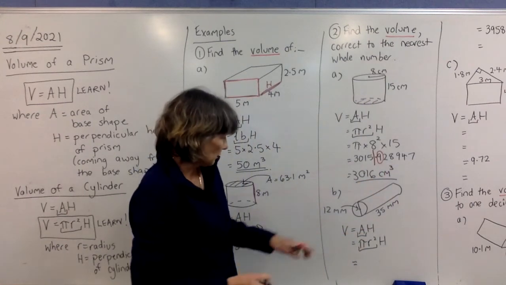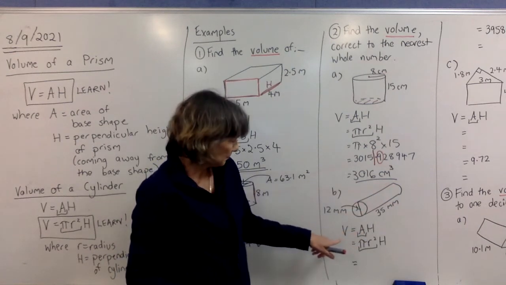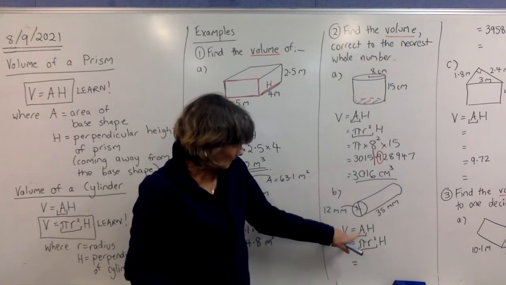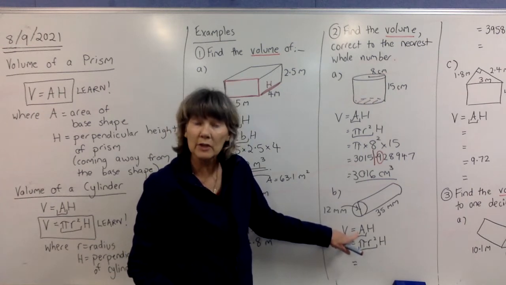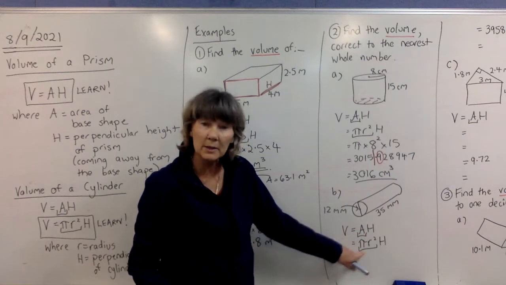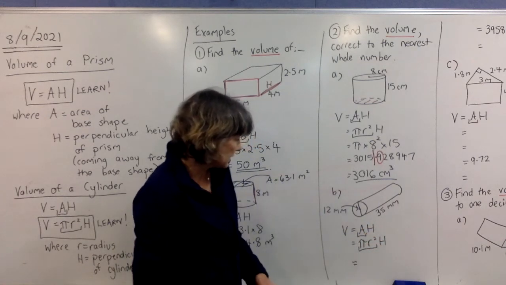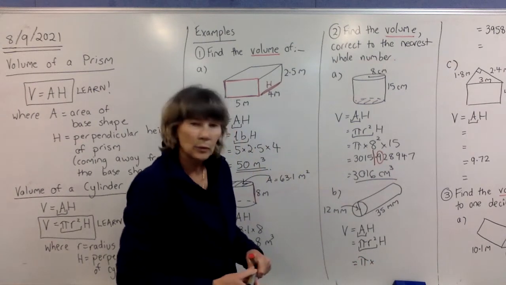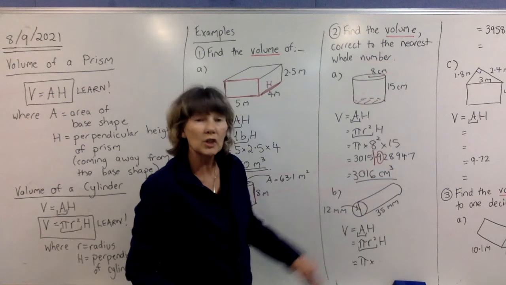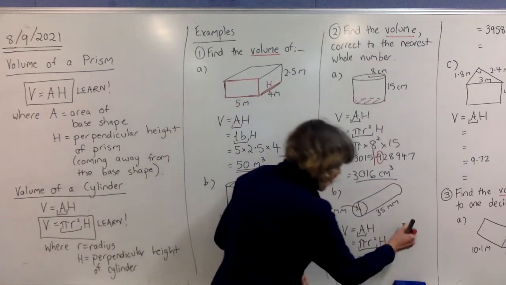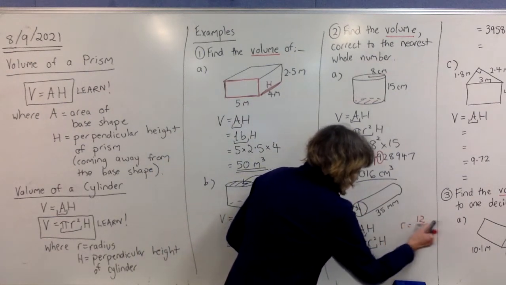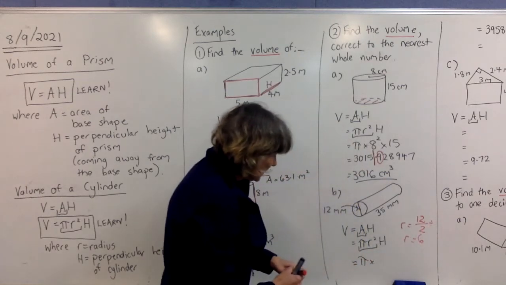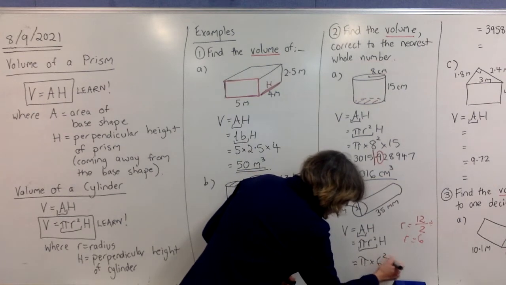All right, next question. So we're looking at this cylinder here. Start with V equals AH because we know the cylinder is a prism. In place of A, you're going to put the area of a circle formula, which is pi r squared, and the H is still on that end. Now we're subbing in, so it's pi times. Now the radius, they've given you the diameter of 12 there, so our radius will be 12 divided by 2, which is 6. So we're going to put that 6 in there now for the radius, squared times.